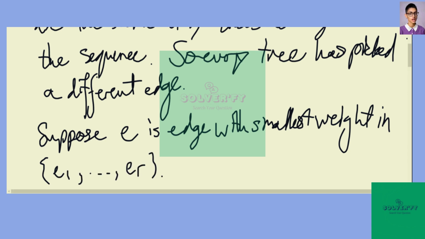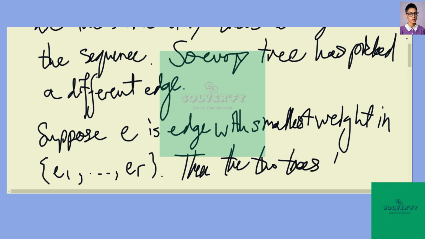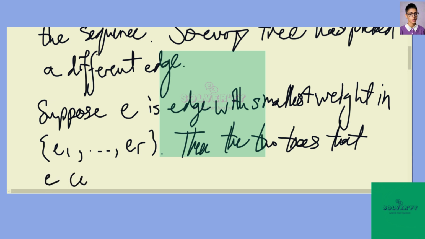So this is the edge with the smallest weight of the new edges added. And of course, if there is a tie, then we're going to pick the edge that occurs first in the lexicographic order on the edges. We had that the two trees that E connected should have both chosen E.